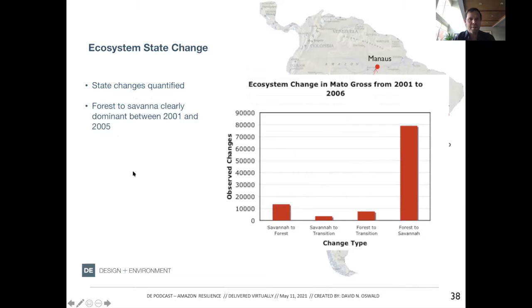So this image here shows the quantification of state change, ecosystem change in Mato Grosso between 2001 and 2005. Classification, how much was rainforest in 2001 and how much was savanna. And so what I did here was observe state changes, because there's always going to be change, right? Sometimes there's regrowth, sometimes there's deforestation, whatever.